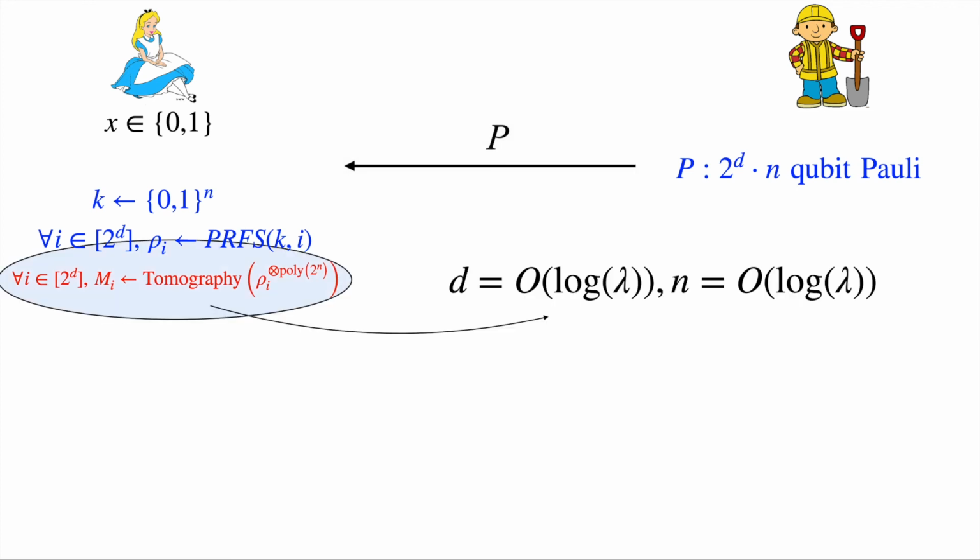You might think that 2^n is bad, but note that n is actually logarithmic, and even d is logarithmic. So you're only running this tomography on polynomially many copies of the state, and so everything is efficient. Even the number of states that you're running the tomography procedure on is polynomial, because 2^d is also polynomial.